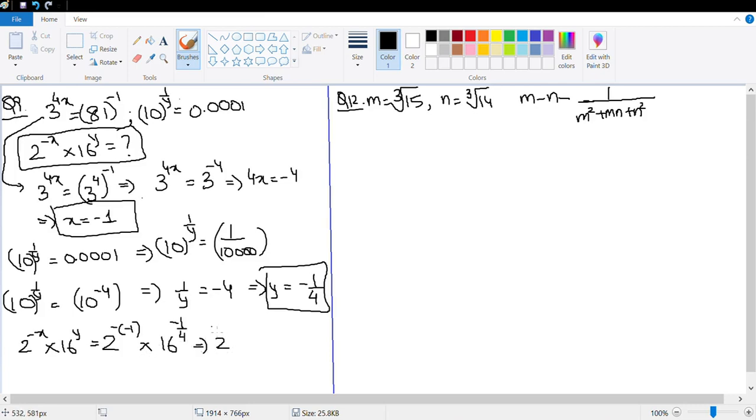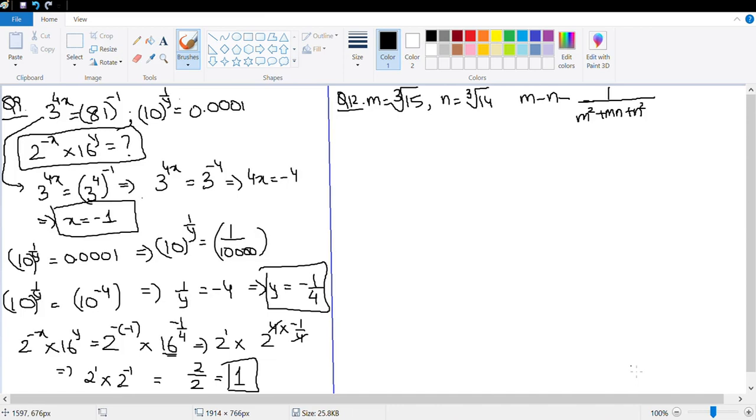This is 2 to the power negative 1 into negative 1, that's 1, multiplied with 16 written as 2 to the power 4 multiplied with negative 1 upon 4. 4 and 4 get cancelled, so that's 2 to the power 1 multiplied with 2 to the power negative 1, which is basically 2 upon 2, which is equal to 1. Perfect, I've got this one as well.